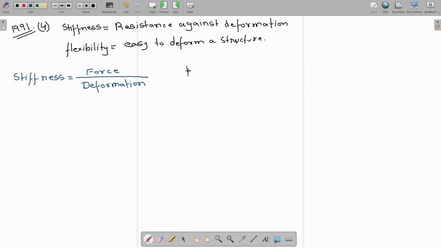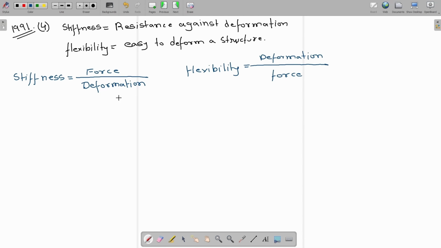And flexibility is given by deformation upon force. Okay. Now, from this, it is clear that both stiffness and flexibility are inversely related.